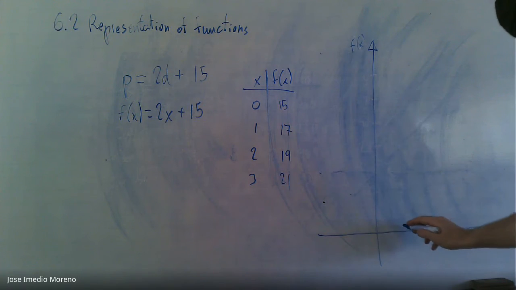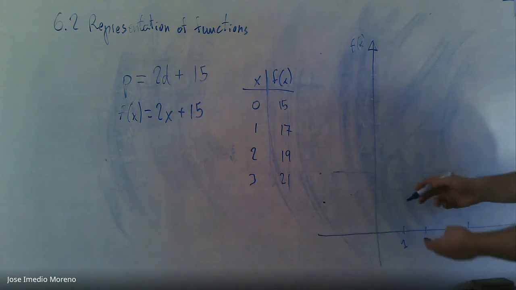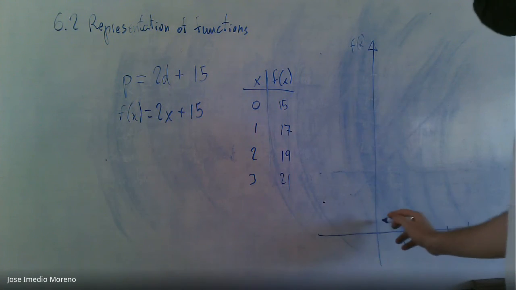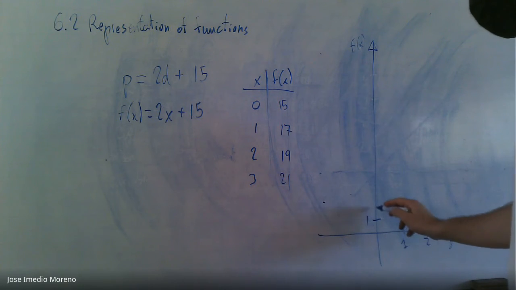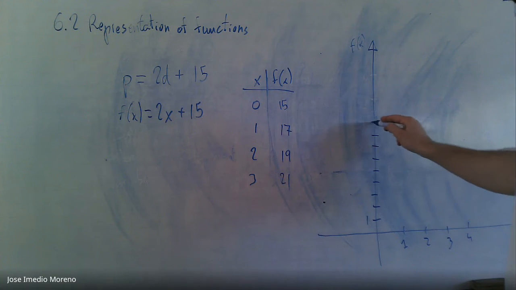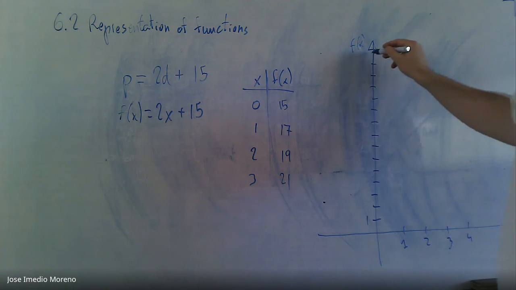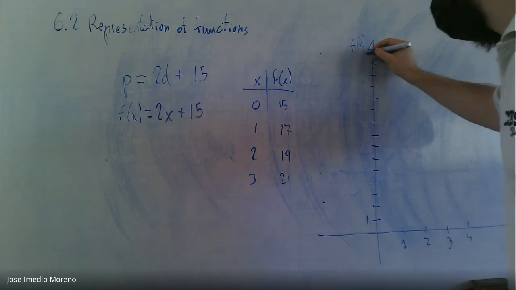So the x-axis, I can do it like before. But what about the y-axis? Well, I can start from 1, 2, 3, 4, 5, 6, 7, 8, 9, 10, 11, 12, 13, 14, 15. So 15 is here.